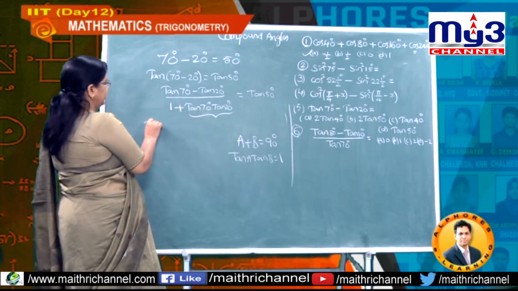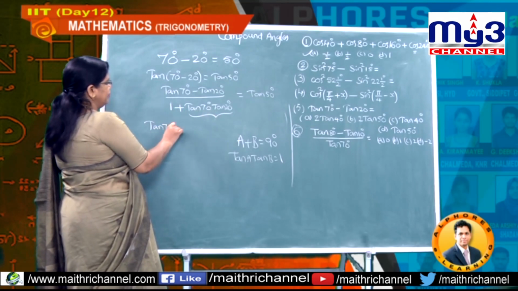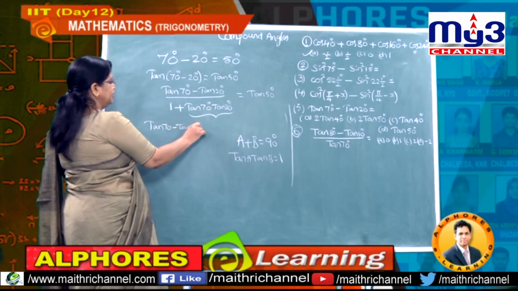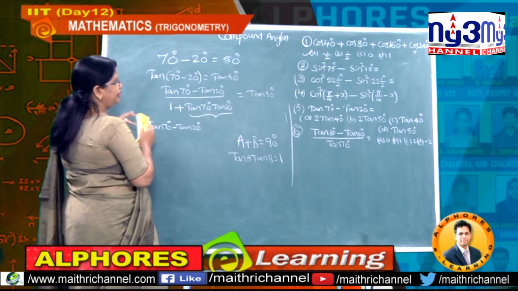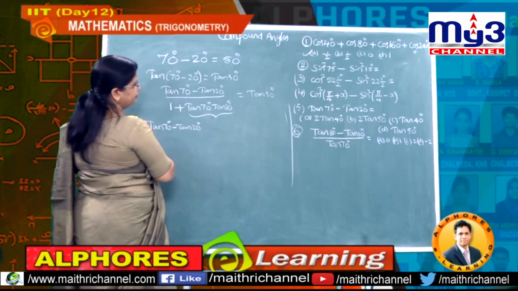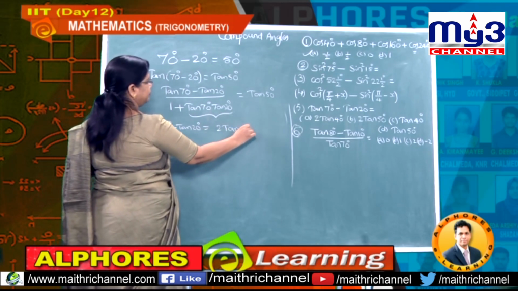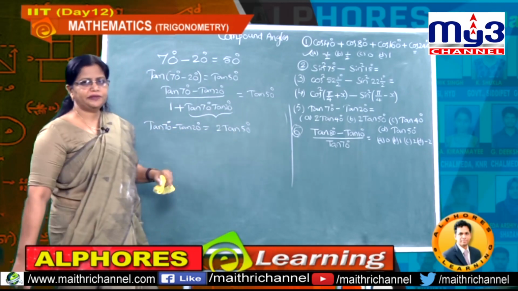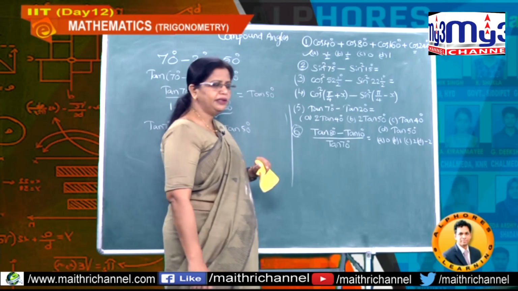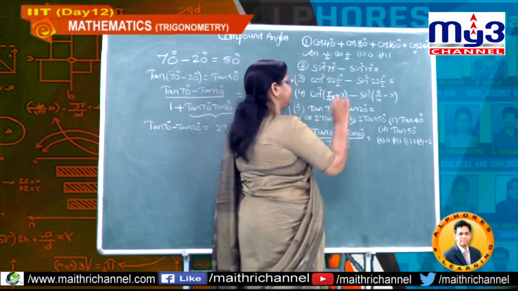Hence we write tan 70 degrees minus tan 20 degrees equal to what is the value here? 2 times tan 50 degrees. Got it? So this is 2 times tan 50 degrees. Understand students? Therefore which is the right answer here? It is 2 tan 50 degrees.